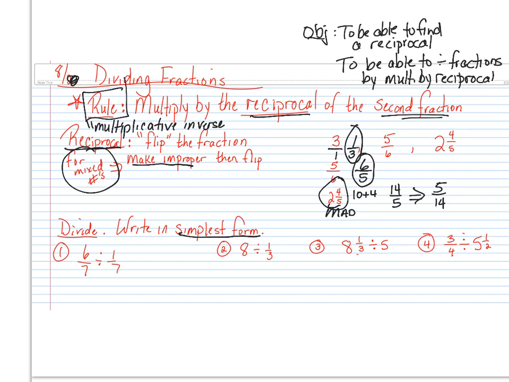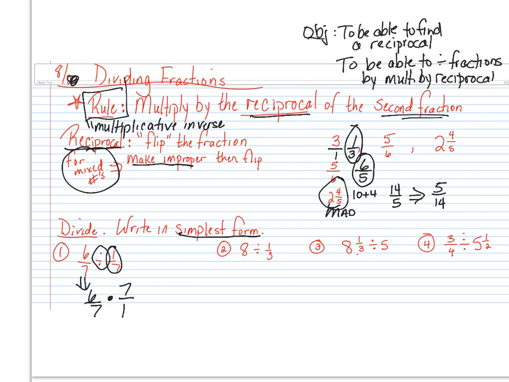Look at number 1, 6/7 divided by 1/7. This is a division problem, and we cannot divide fractions. So we're going to bring the first fraction down. We're going to write 6/7. Change division to multiplication and do the reciprocal of the second fraction, which is 7 over 1.